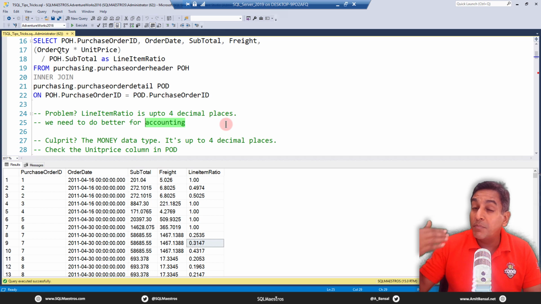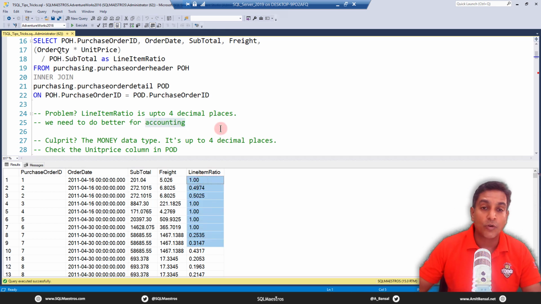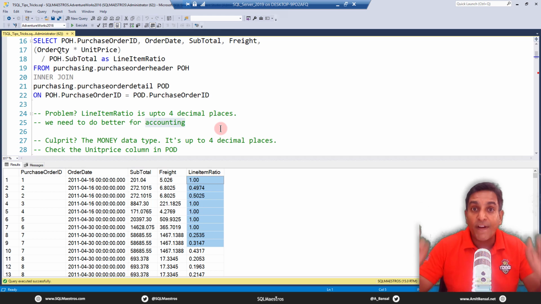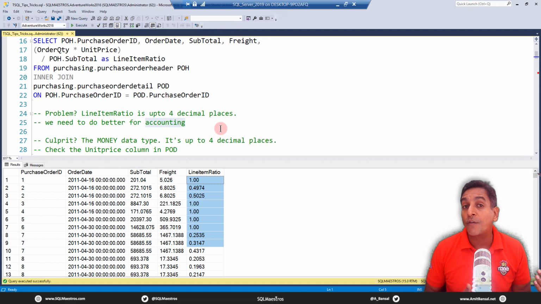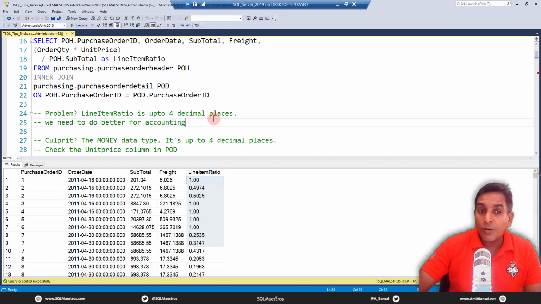If you are dealing with millions and billions of records and you round to 4 decimal places, and at the end of the day, let's say we sum up all the computed amount values based on the ratio, then you will actually get a difference of a few $100s. A few cents can be accounted for or written off, but what about a few $100s? That kind of difference might not be acceptable to the business. So you need to get really close and be more precise.